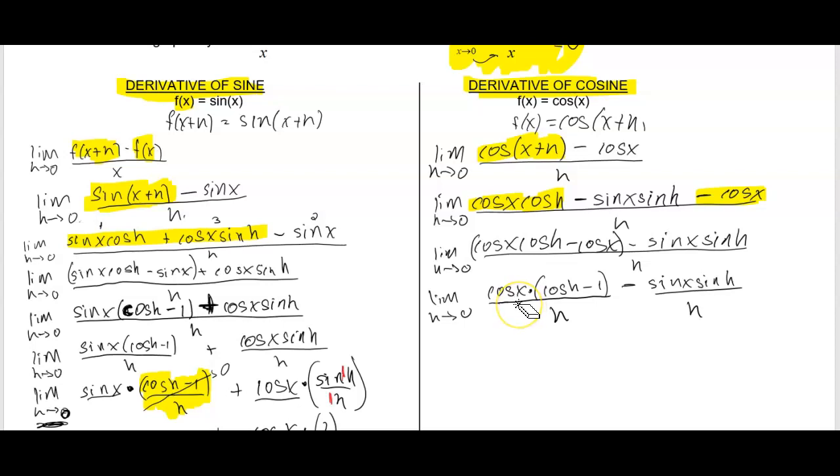Let me get rid of the big fraction bar, if it'll let me. There we go. We're just going to divide this by h, and then whatever that gives us, we'll multiply by the cosine. And then the same thing over here. We're going to take our h and just divide it into the sine of h. Whatever that gives us, we'd multiply by sine of x.